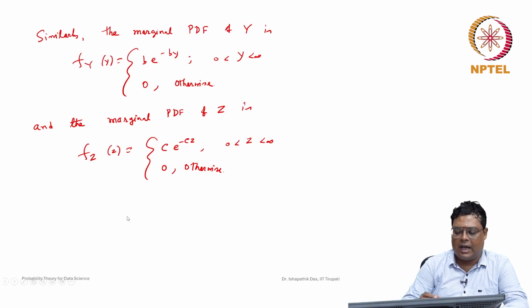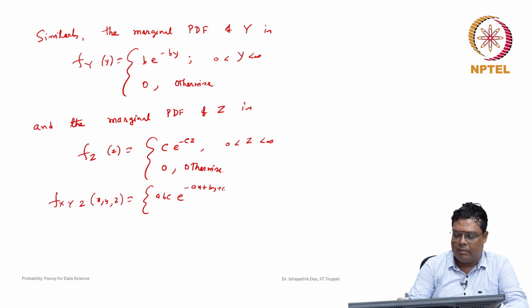So here we can see that f of x, y, z is nothing but abc into e to the power of minus (ax plus by plus cz), whenever x is greater than 0 less than infinity, y is greater than 0 less than infinity, and z is greater than 0 less than infinity, 0 otherwise.